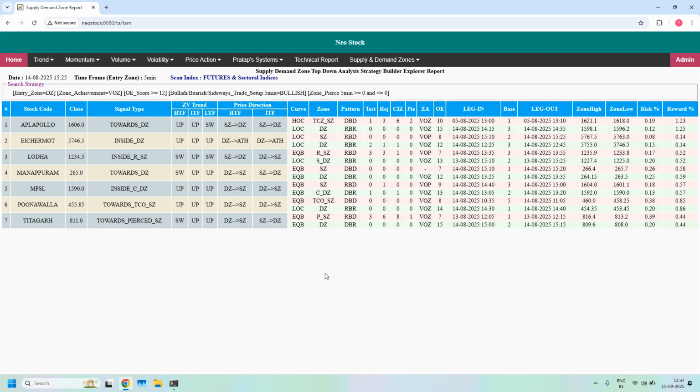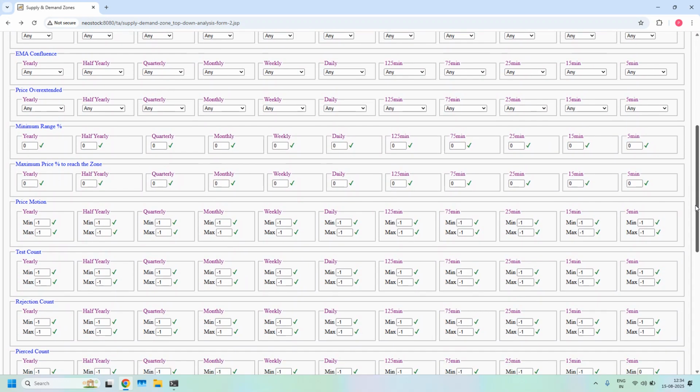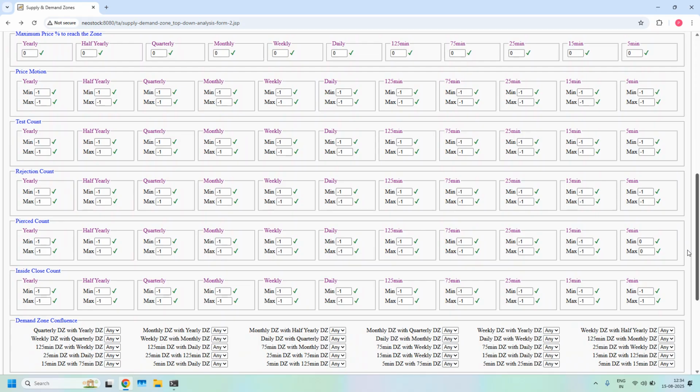Out of these 7, how many might have higher probability to get success? That we will filter based on different zone confluence and EMA confluence strategies that we learned in lesson 27. Okay, first filter is LTF and ITF demand zone confluence, that is 5 minutes and 15 minutes demand zone confluence.